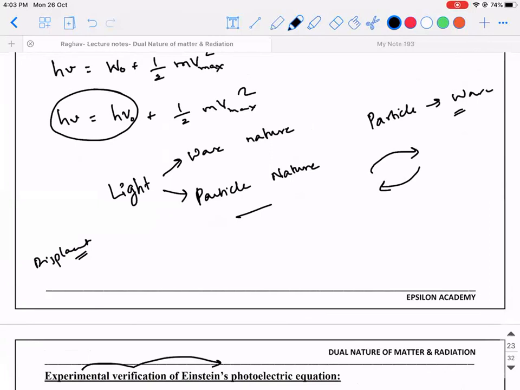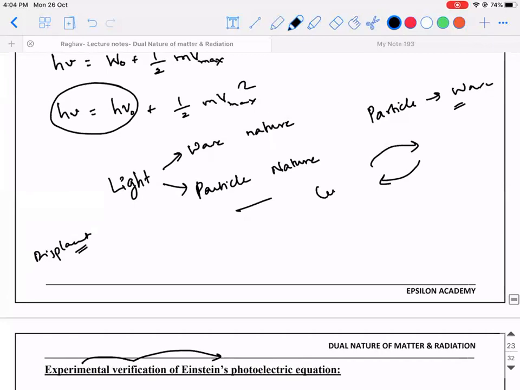So the fourth chapter says magnetic effects of current. What was the main observation of magnetic effects of current? Whenever there is a current carrying conductor present, what is present around it? Magnetic field.